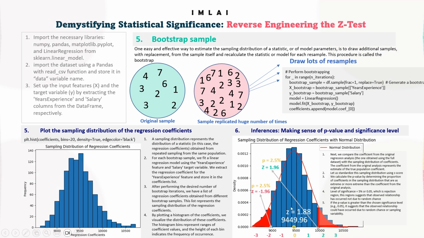That means it's falling in the region where you cannot reject, or you fail to reject, the null hypothesis. That is the reason we conclude that there is no statistically significant relationship between the two variables.